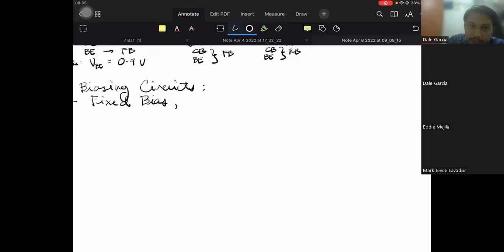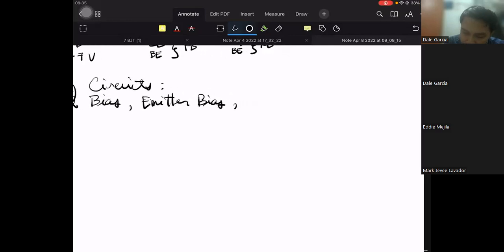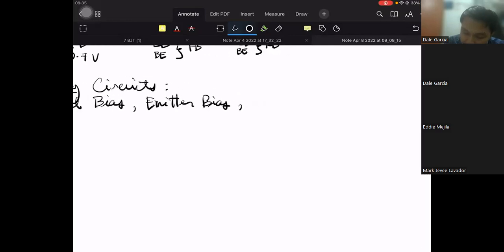Less stable than the others, but better than fixed bias. One of the very stable configurations is the voltage divider bias.